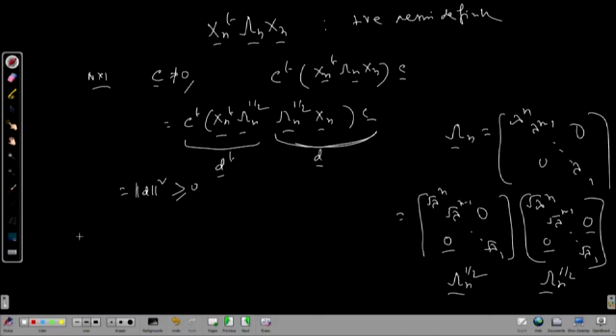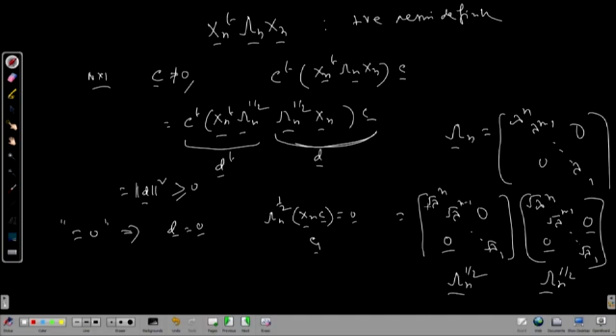If it is 0, that means D must be 0. Norm square, the ordinary norm square, d0 square plus d1 square plus d2 square and so on. If it is equal to 0, everybody is non-negative and adding, so every component has to be 0, then every contribution is 0, overall 0. If D is 0, then this matrix times C1 is 0, but these are all positive elements.